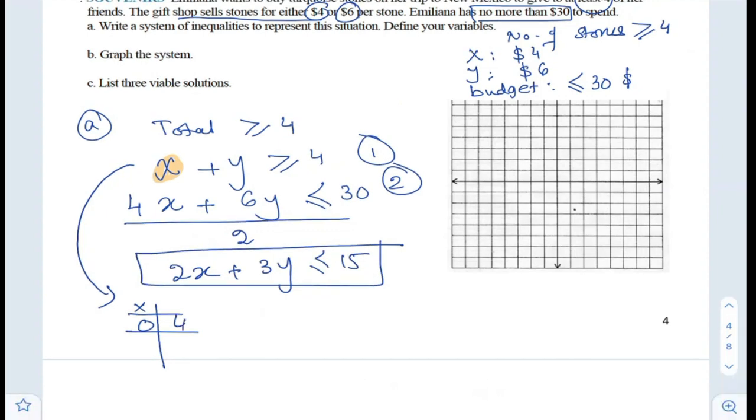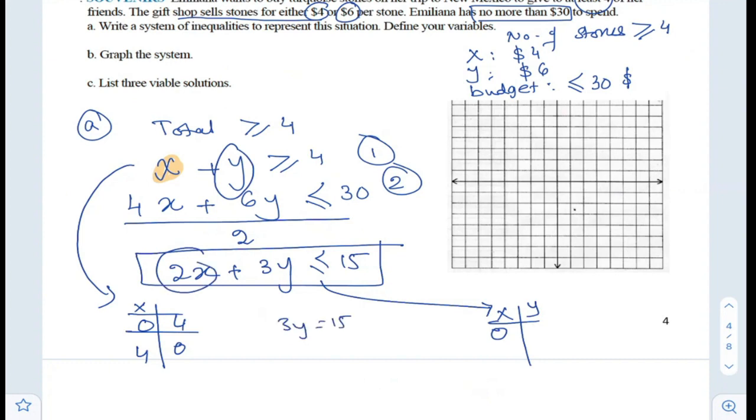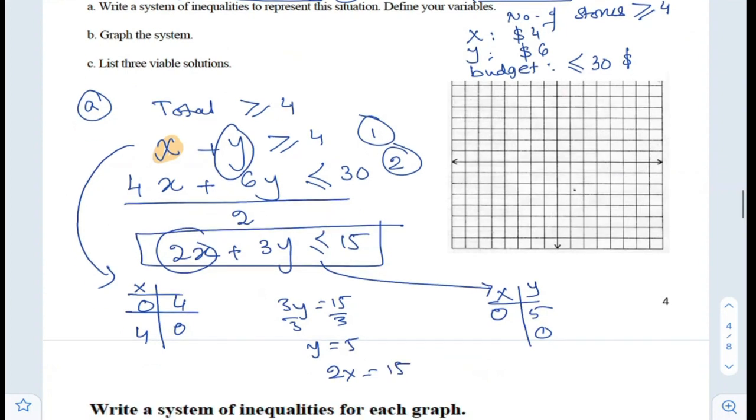Now, if y is 0, then x is 4. This is one of the easy inequalities that you can find. The second one, using the same method: if x is 0, then 3y is equal to 15, so y is 5. If y is 0, then 2x is 15, so x is 7.5.